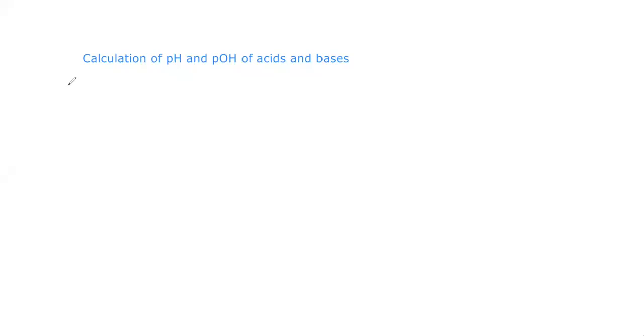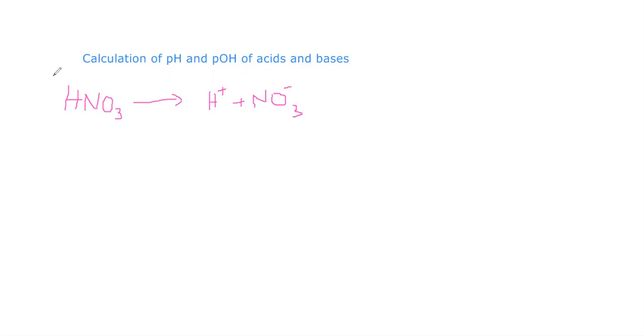Let's suppose you have an acid, and this is nitric acid. Nitric acid is HNO3, and when it dissociates it will give you hydrogen ions, H+, plus nitrate, NO3 with the minus.